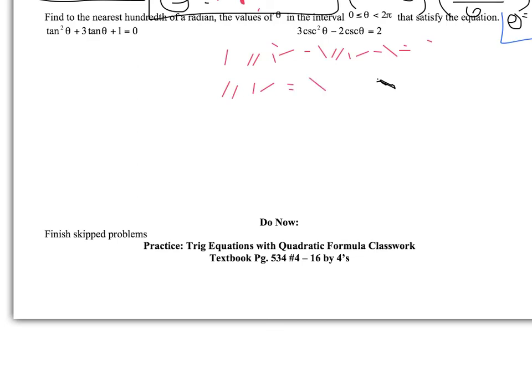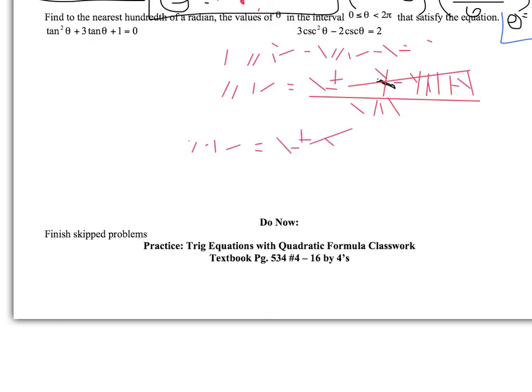Cosecant theta equals 2 plus or minus the square root of 4 minus 4 times 3 times negative 2 all over 2 times 3. So cosecant theta equals 2 plus or minus the square root of 28 over 6.